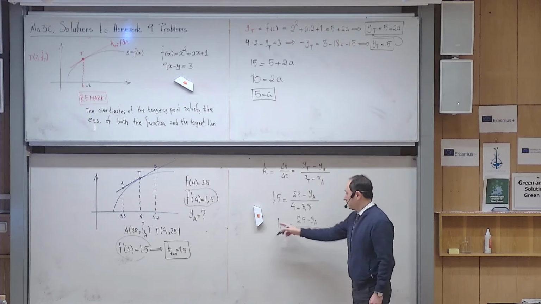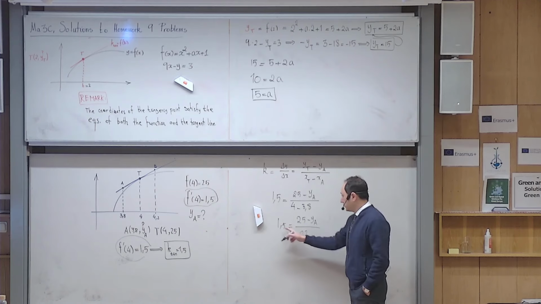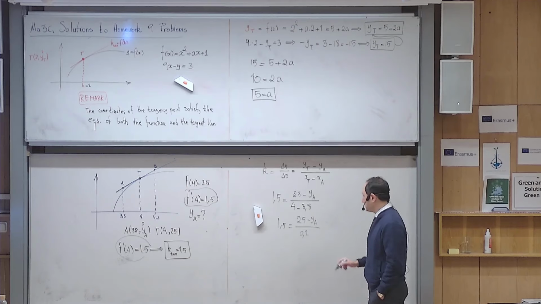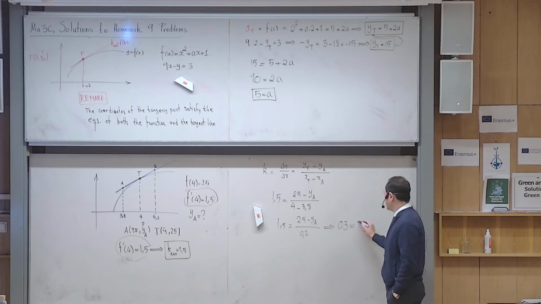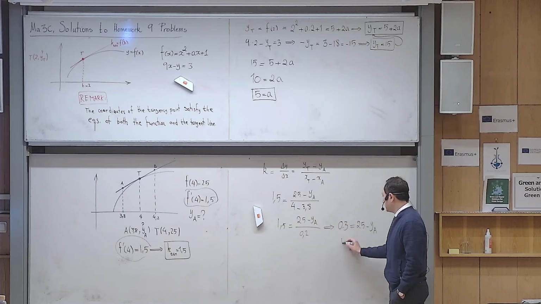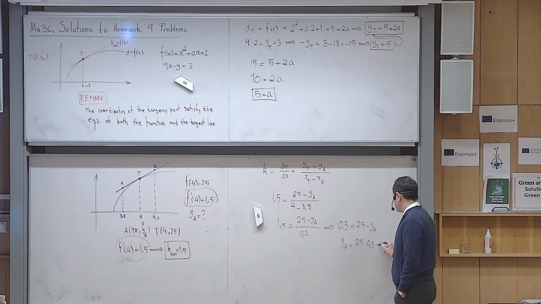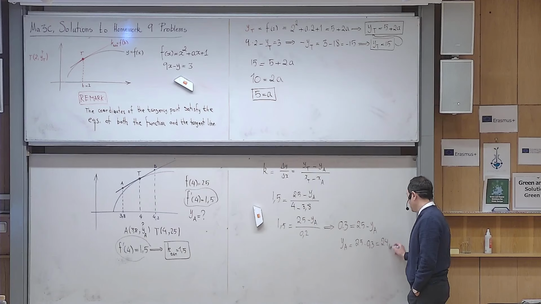I multiply everything by 0.2. 0.2 times 1.5 is 0.3. And this is simply 25 minus y of a. So I move y of a to the other side, and 25 minus 0.3 becomes 24.7.